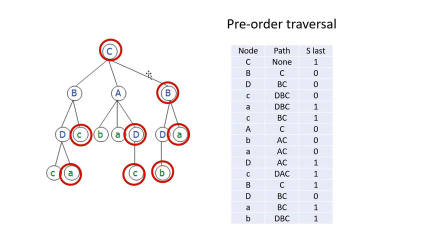For B, I have one C as a parent node. For D, I have BC as parent nodes, so I just put BC here. For C, I have DBC as the path, all the way to the root. So now you can see I have this column.